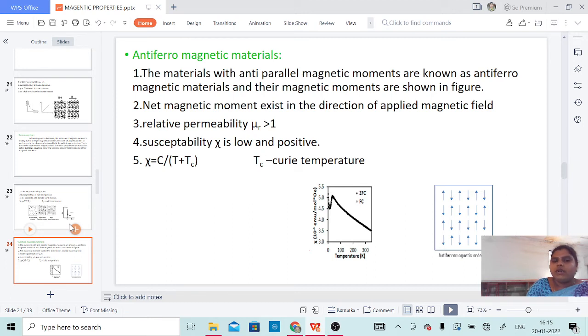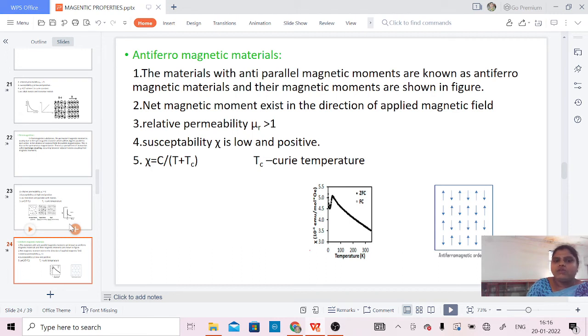Now the net magnetic moment exists in the direction of the applied magnetic field. So the relative permeability mu r is greater than 1. The susceptibility xi is low and positive, and xi equals C by T plus Tc. The temperature is added to the Curie temperature.